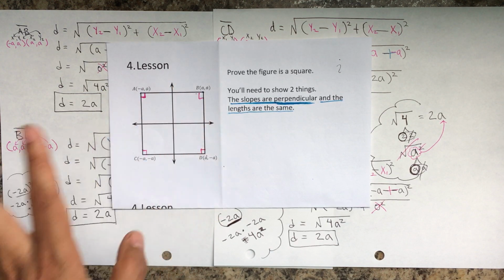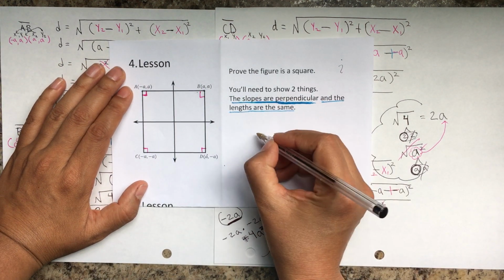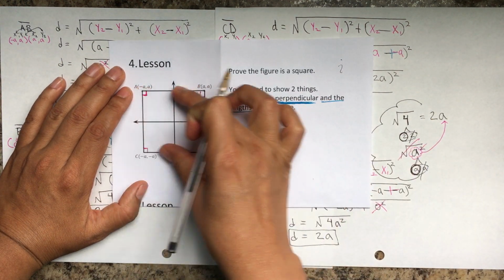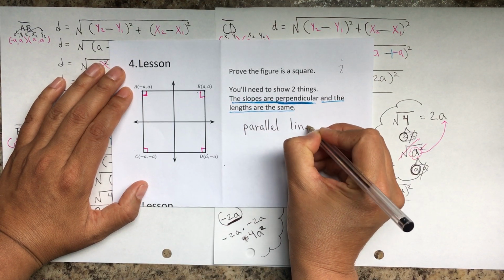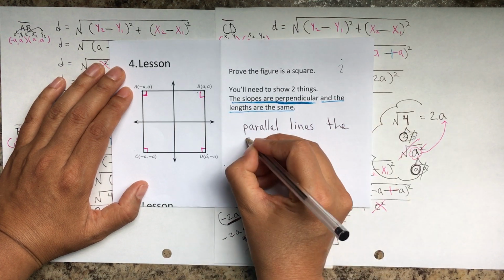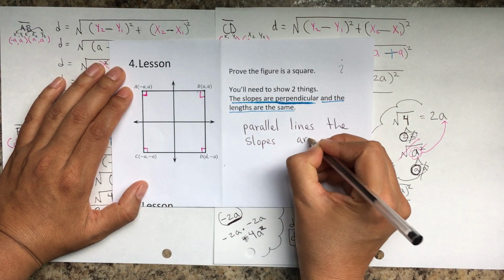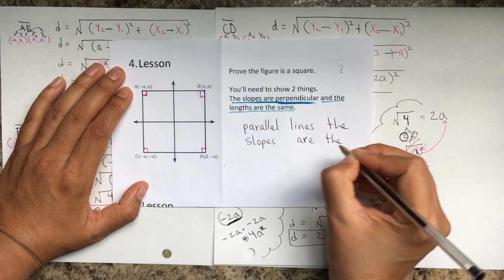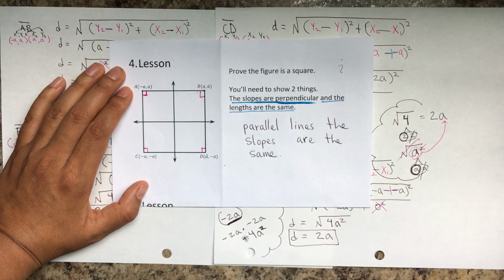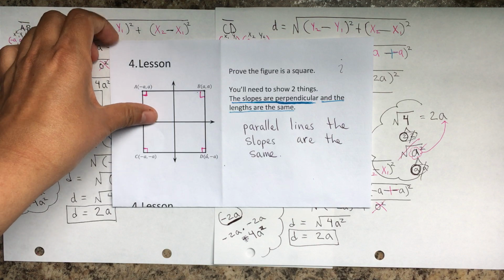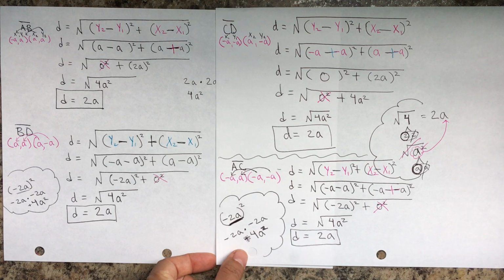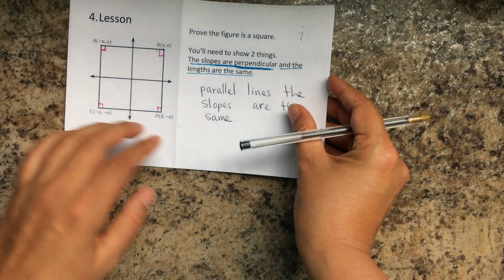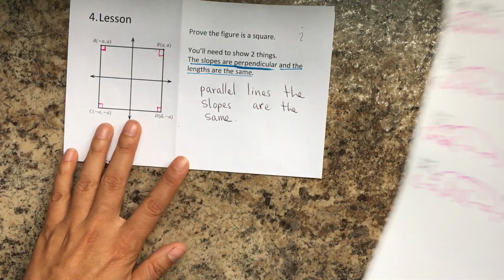So let me tell you a little bit, even though I'm getting ahead of myself, for parallel lines, the slopes are the same. Okay, and let me show you by going back to the notes. So let me move this out of the way. These are congruent sides, so that part we already know, that makes it a square. For parallel lines, the slopes are the same.